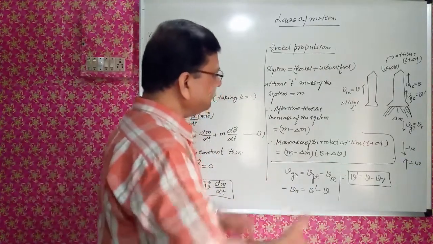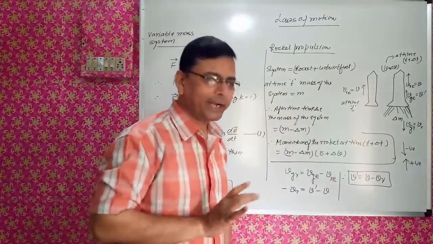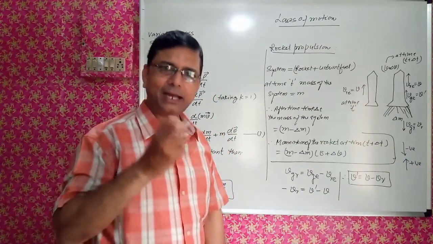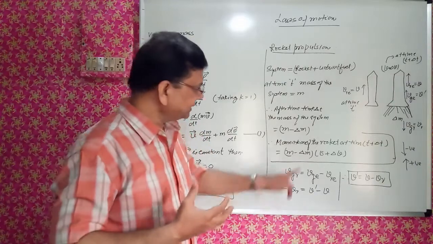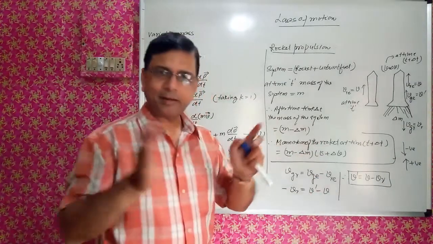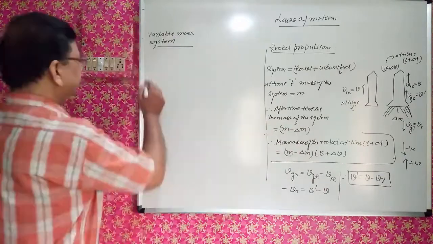So now, if you look at the system as a whole, what will be the momentum of the system at the time t plus delta t? This is the momentum of the rocket, and momentum of gas will also be added to this.